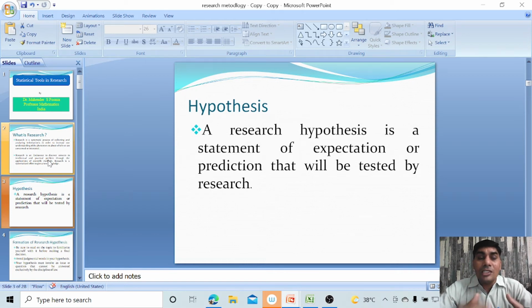Our null hypothesis becomes that there is no significant difference between online and offline classes. But I am a researcher, and I am saying that there is a difference between online and offline classes. So it becomes the alternate hypothesis. The alternate hypothesis is totally opposite to the null hypothesis. Right?